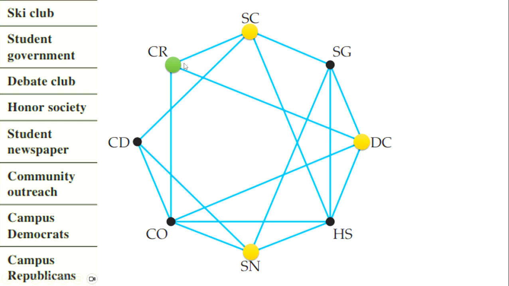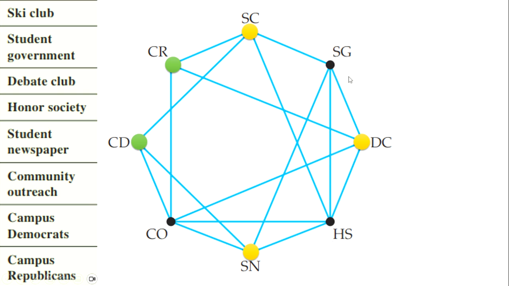Campus Republicans, it's either we consider Campus Democrats, Student Government, and the Honor Society. Of course, we're going to pick the Campus Democrats since it's not connected to the Campus Republicans. But again, there's a conflict here since Student Government and Honor Society are connected. We need to pick one.